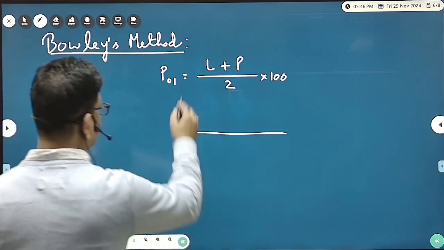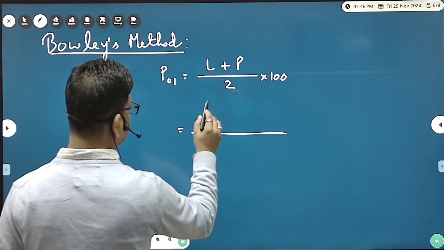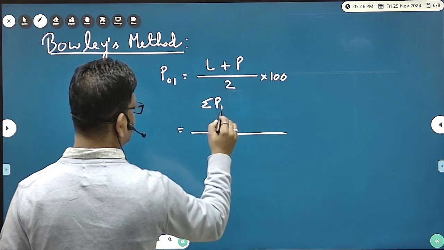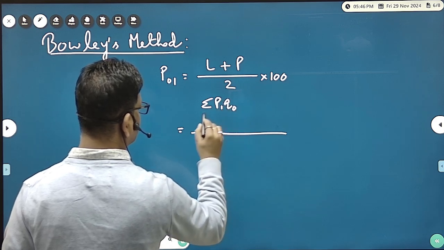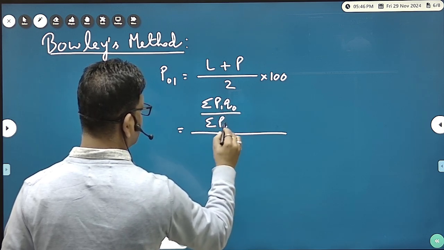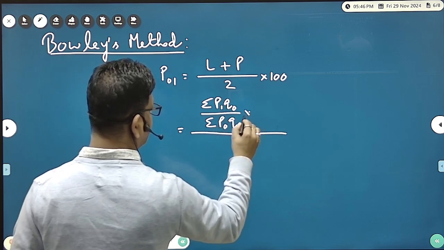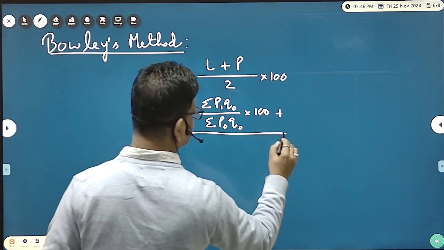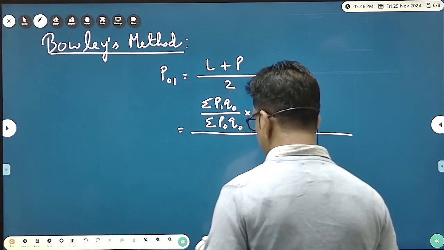So let me show the calculation. Laspeyres method is summation of P1 Q0 divided by summation of P0 Q0 multiplied by 100, plus, in Paasche's method how much was it?